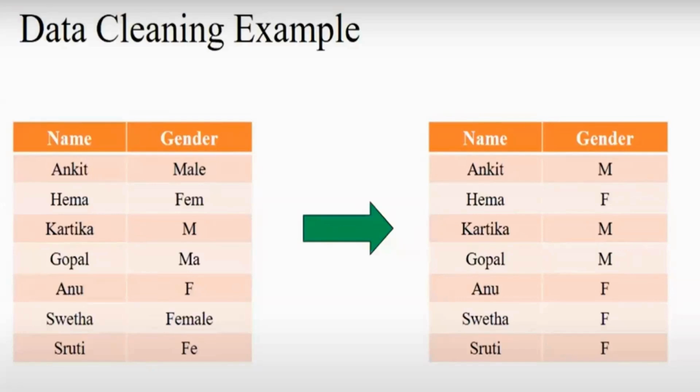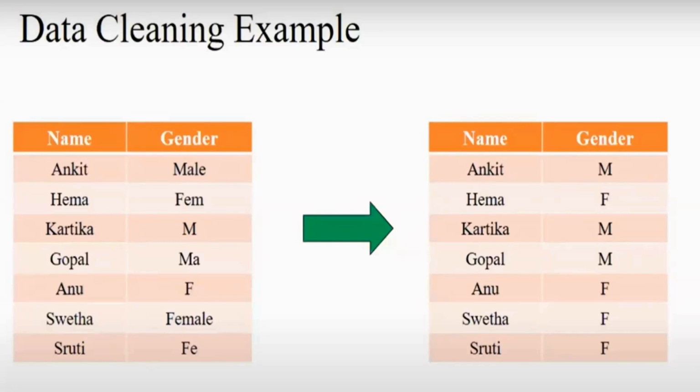You can see the male value is different and the female value is different in all the places. Somewhere it is male, somewhere it is MA, somewhere it is M. Same case for female also. So as part of data cleaning, we need to standardize this gender column with a single male and single female value. This is one type of data cleaning you do, right? Correct or not, everyone? We have to do it. So what happens if we don't? There will be so much confusion in analysis. So we have to do that.